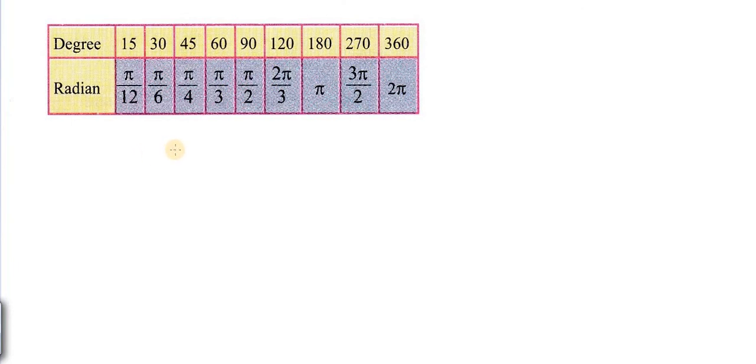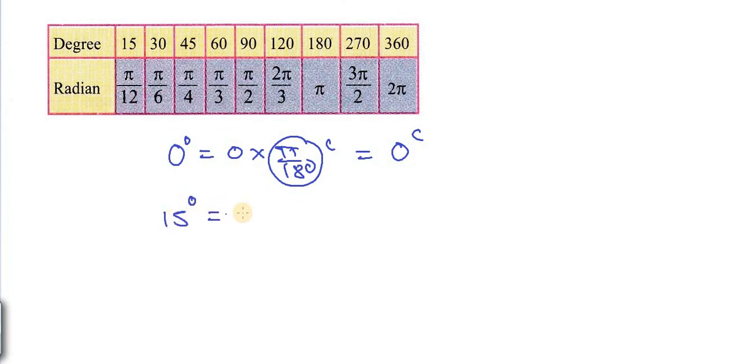Now we shall convert some standard angles from degree into radian. The first one, let us start with very standard angle, 0 degree. So 0 degree equal to 0 into pi by 180 radian. See, I have multiplied by pi by 180. 0 into anything is 0. So naturally 0 degree equal to 0 radian. Second angle that we will convert is 15 degree. In order to convert it into radian, multiply it by pi by 180 radian.